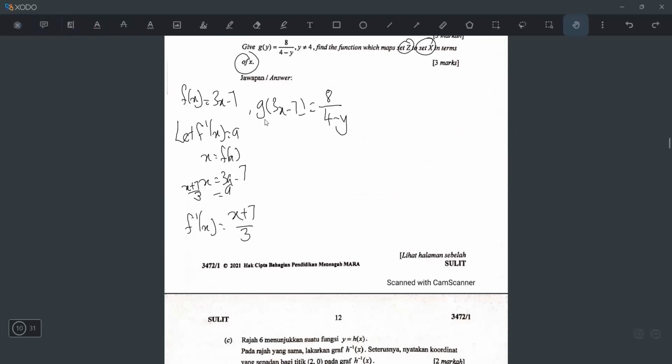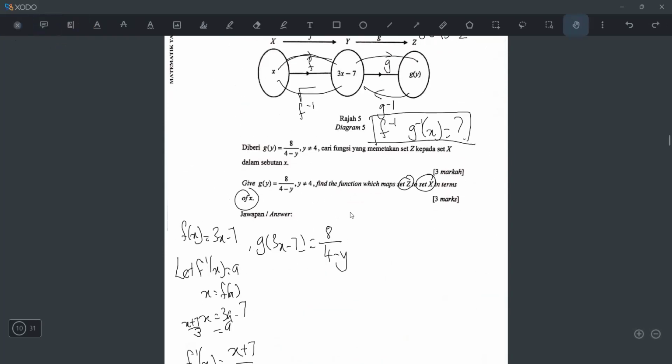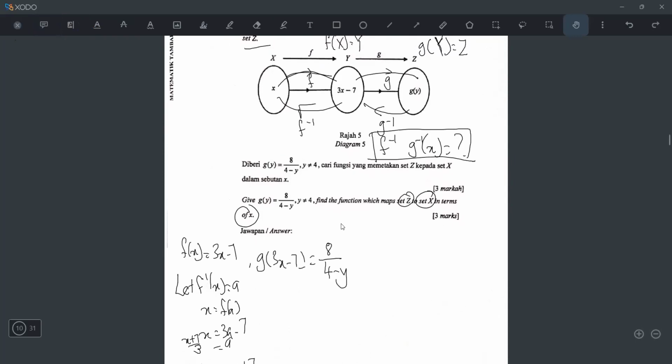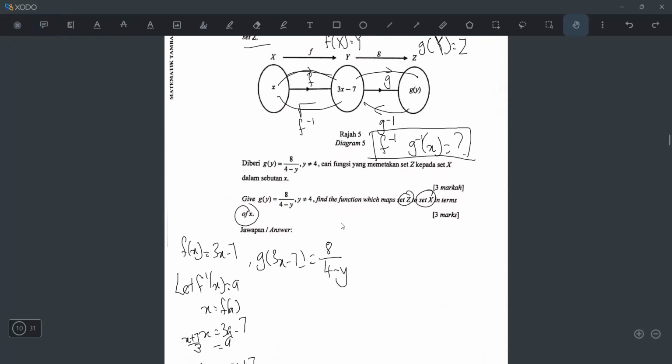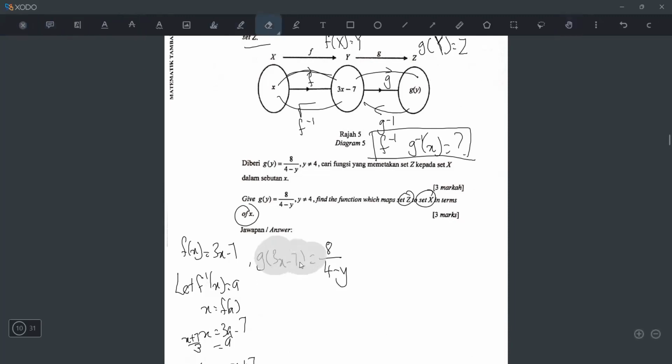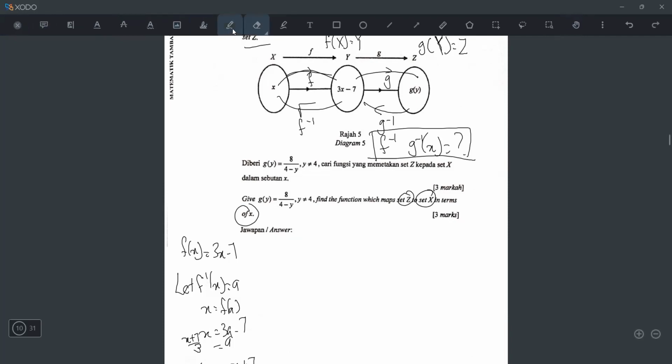But I also need my g inverse. How can I get my g inverse? Actually it's very simple.